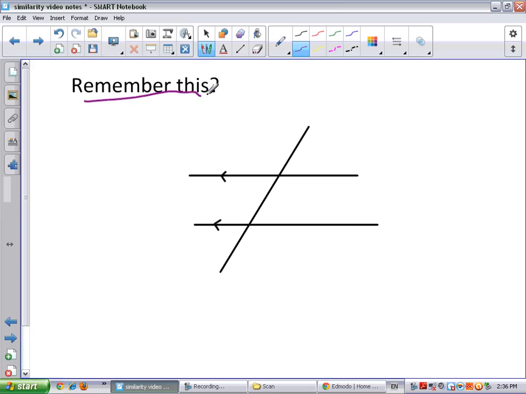Remember this? The idea here is that from grade, I think even grade 7, we started to look at the relationship between angles when two parallel sides are intersected with what we call the transversal. What we saw in these drawings was that this angle and this angle were said to be congruent when these two sides were parallel.